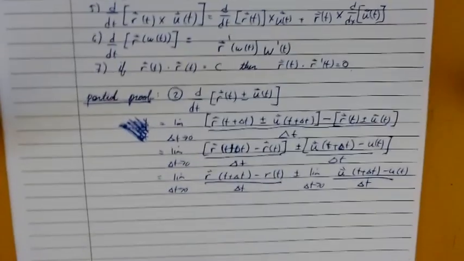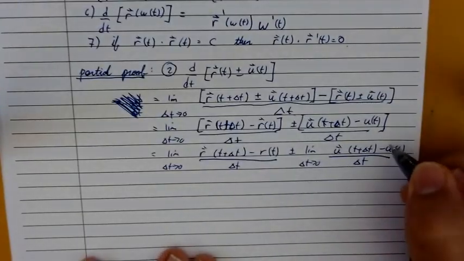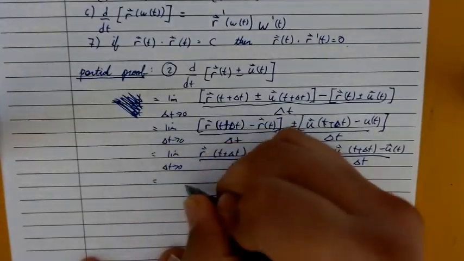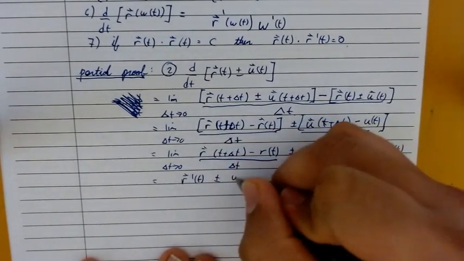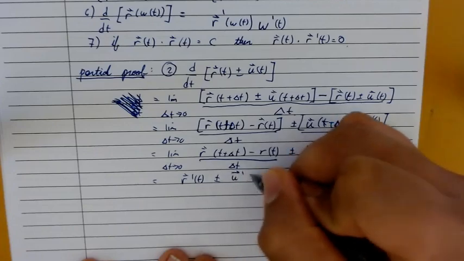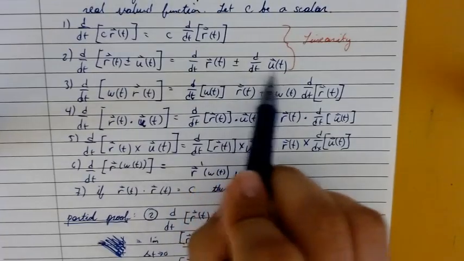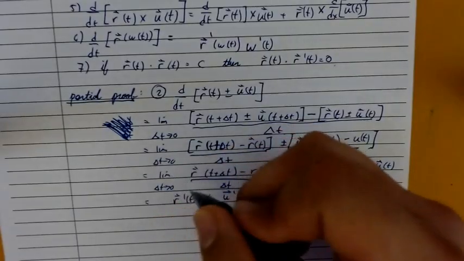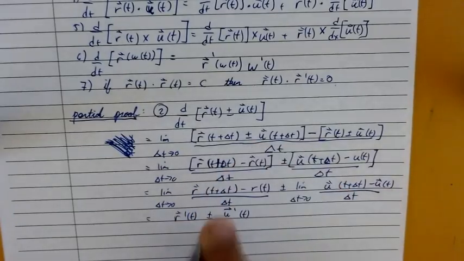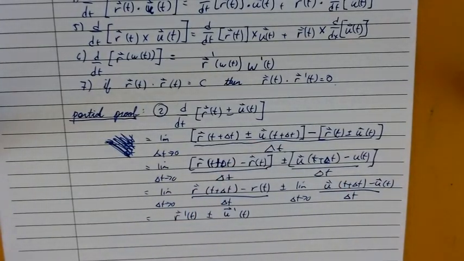That's the derivative of r by definition, and that one's identical, except I'm calling the vector u. So this must be r prime of t plus or minus u prime of t, which is exactly what we wanted. I guess I should write it in the same notation, d dt, whatever. It's the derivative.